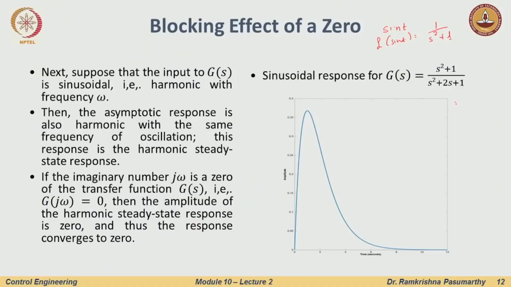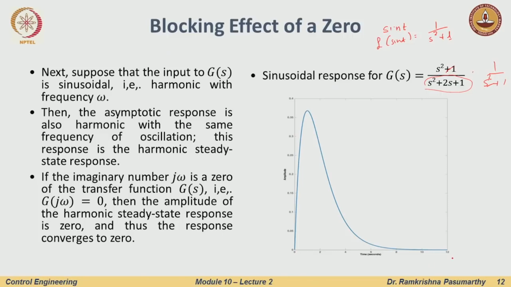Now, something strange happens here. If I subject this plant to a sinusoidal input, which means I am essentially multiplying it with 1 over s square plus 1, this factor goes away and what remains is just the impulse response of this system, which is stable, right. I just start from 0, reach a peak and then go back to 0.